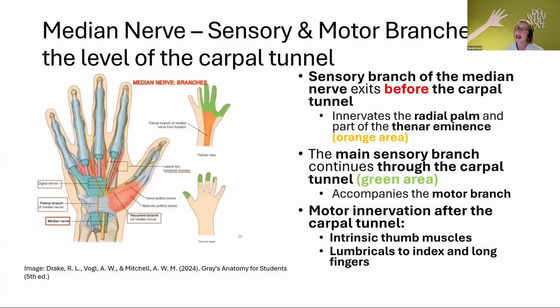Okay, so let's take a look now at the median nerve and the sensory motor branches, because here's a bit of anatomy that's kind of important. I like this illustration here from Drake, 2024, Gray's Anatomy for Students. And you can see here we have our flexor retinaculum. They've already removed our hypothenar muscles, so we're mostly looking at the flexor retinaculum.